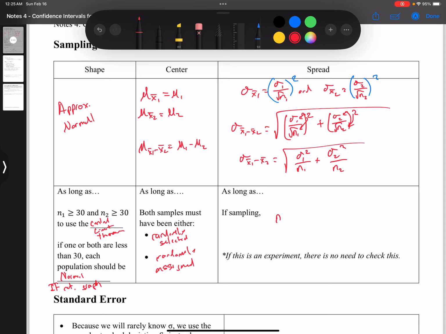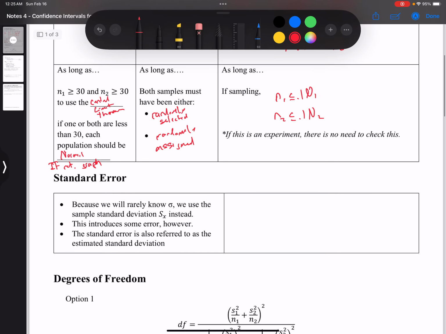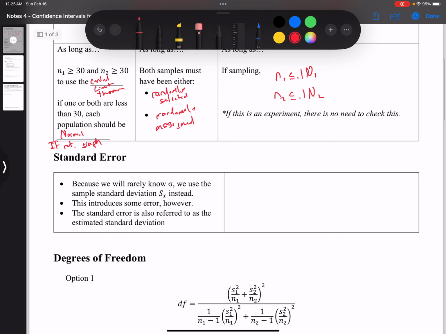Remember, we have to check that n1 is less than 10% of the population of 1, and n2 is less than 10% of the population of 2. If we're running an experiment, there's no need to check this, and likewise for a matched pair design from the last lesson. We will also rarely know the population standard deviation, so we'll have to use the sample standard deviation instead.